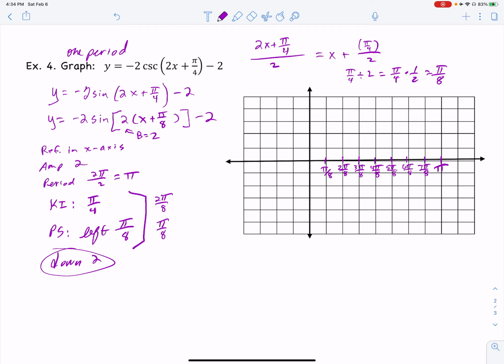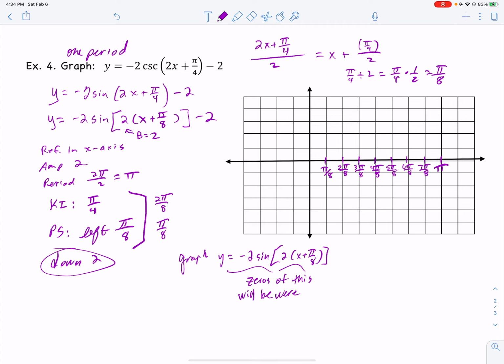So I'm basically going to graph y equals -2 sine of 2x plus pi eighths, and the zeros of this, before you move it up or down, will be where we have asymptotes for y equals -2 cosecant.